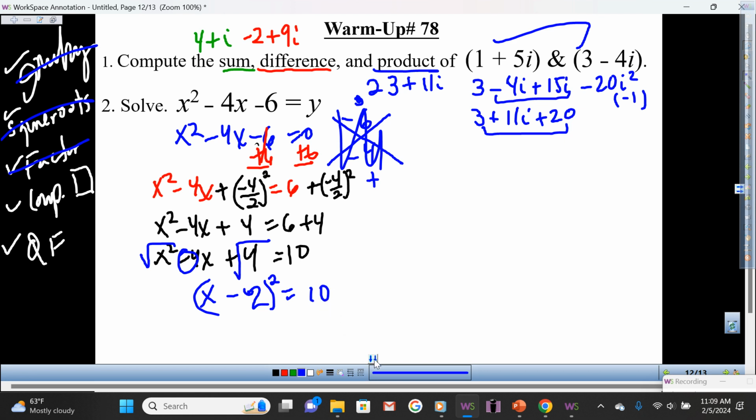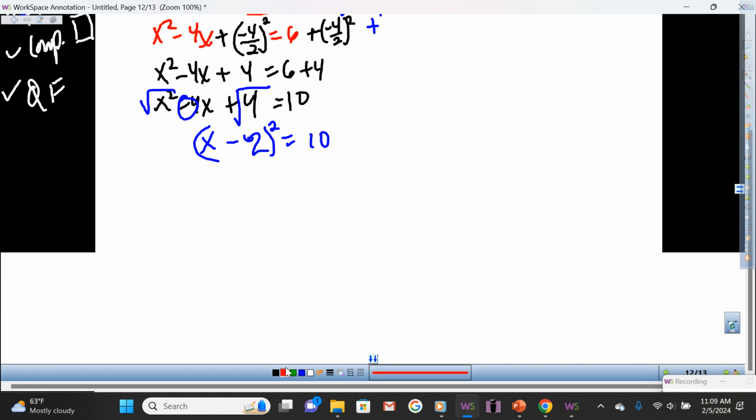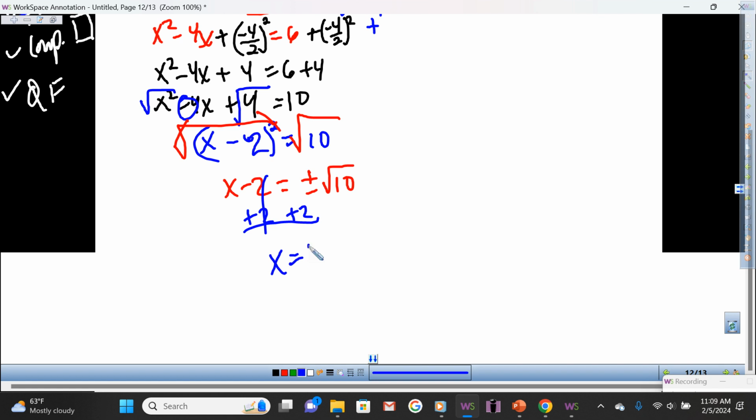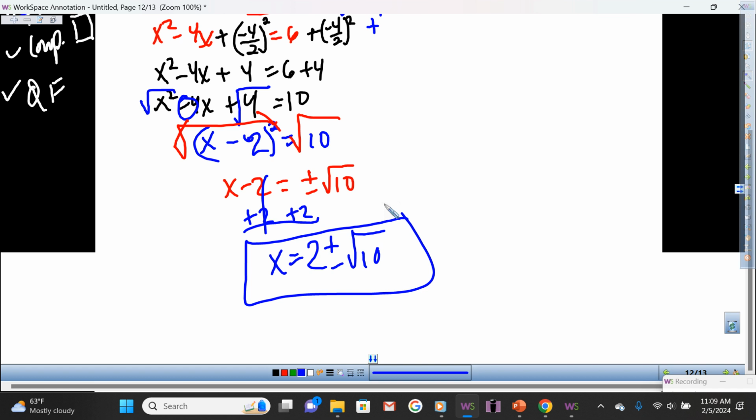Continue from there, Anthony E. Square root, x minus 2 equals plus minus square root of 10. For the sake of time, we're going to leave it exact. So what's my last step, everyone? Add 2 to both sides. So x equals 2 plus minus square root of 10. We good right there, Dom? Yeah? All right. Not bad, not bad.